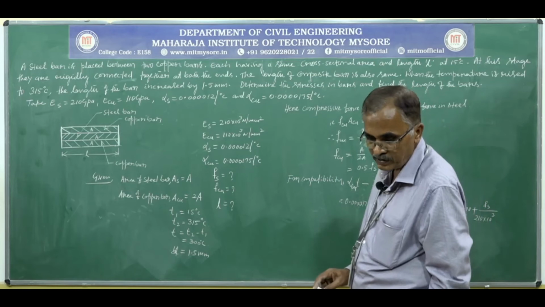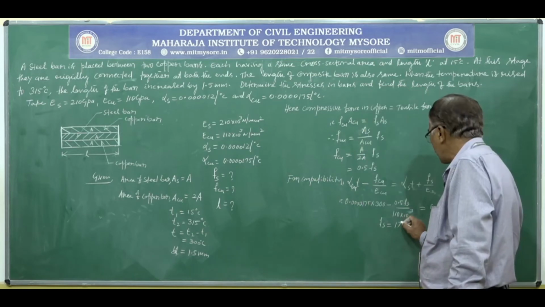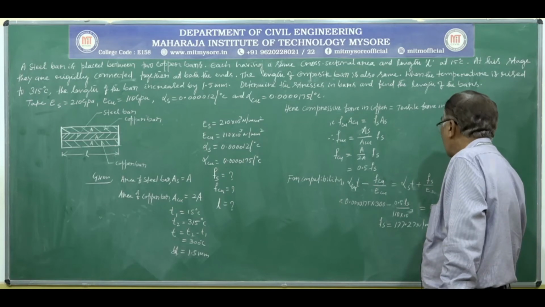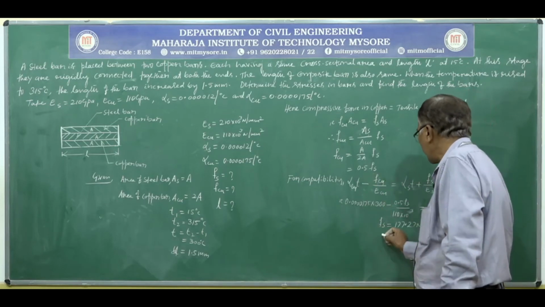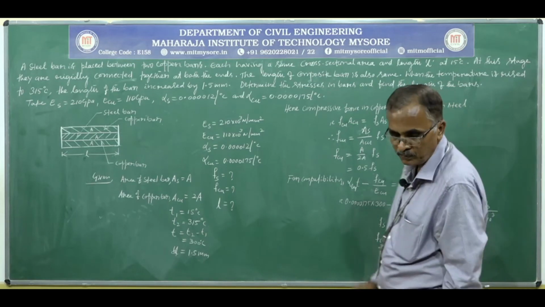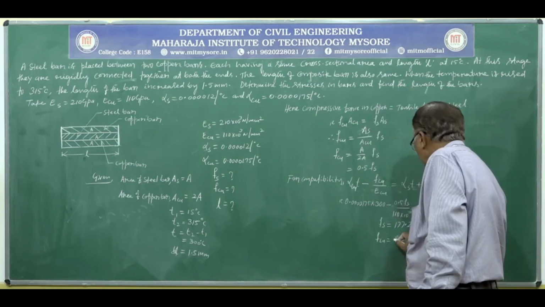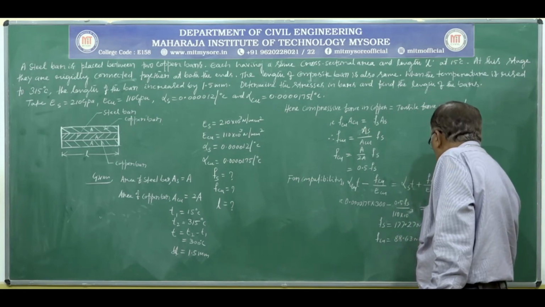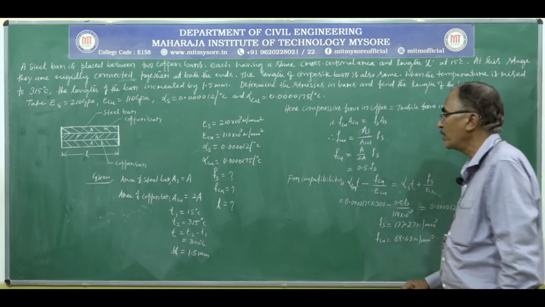So, we will get Fs is equal to 177.27 Newton per millimeter square, and by back substitution we will get FCU is equal to 88.63 Newton per millimeter square.